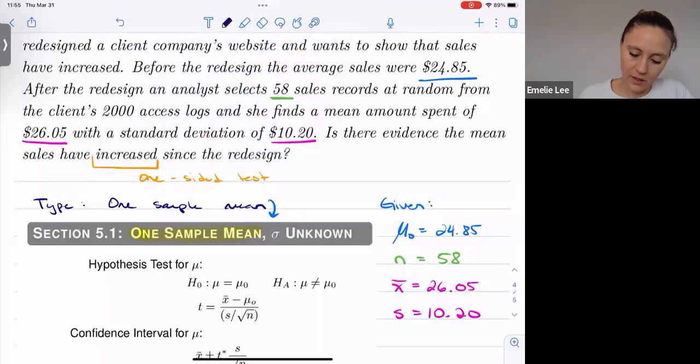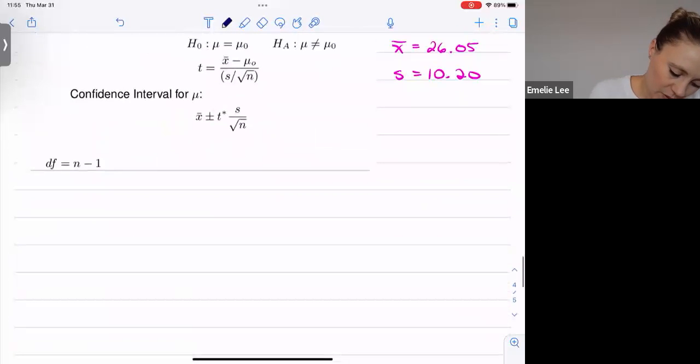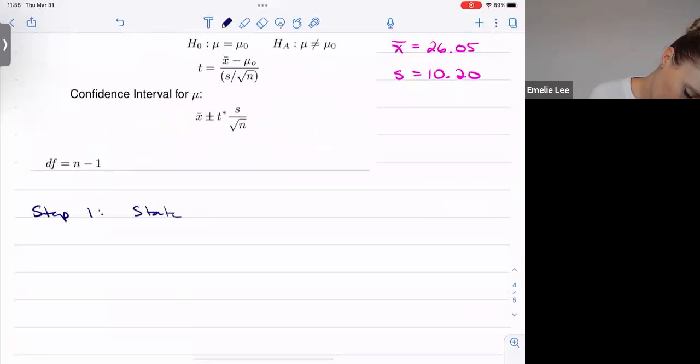Okay. We're also going to build a confidence interval, and we can build a 95% confidence interval as well, but I'll follow that up once we finish this big question. Okay, so step one is to state the hypotheses.